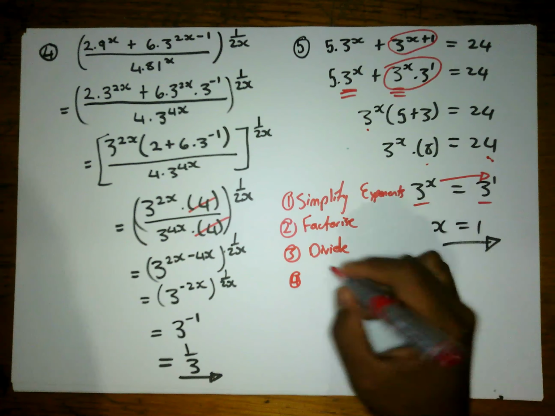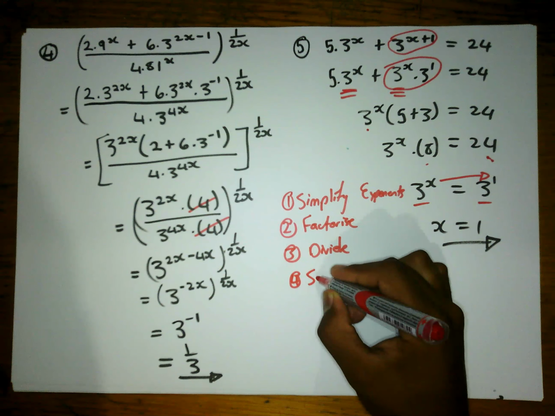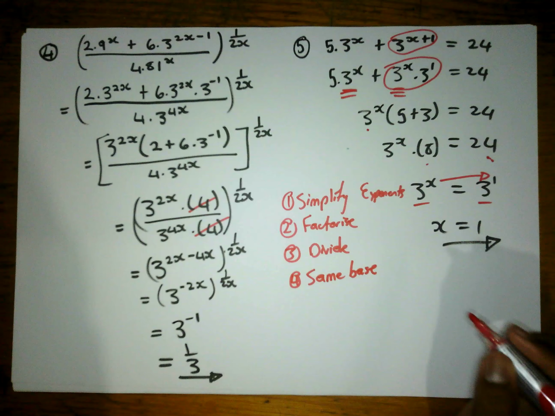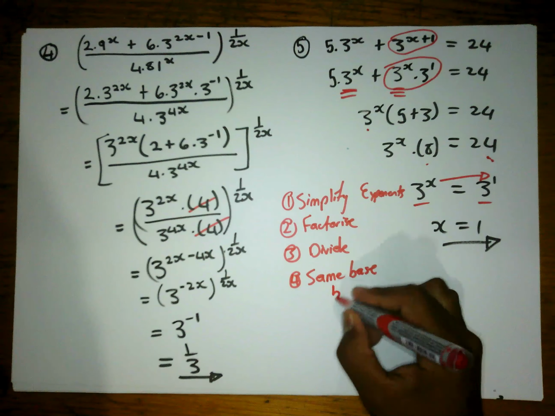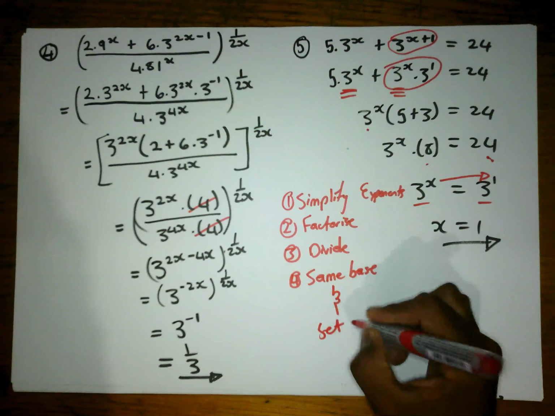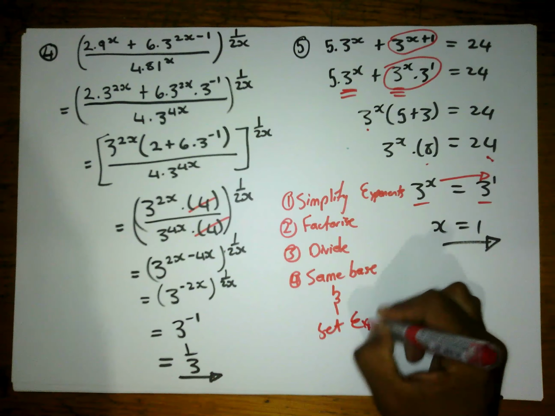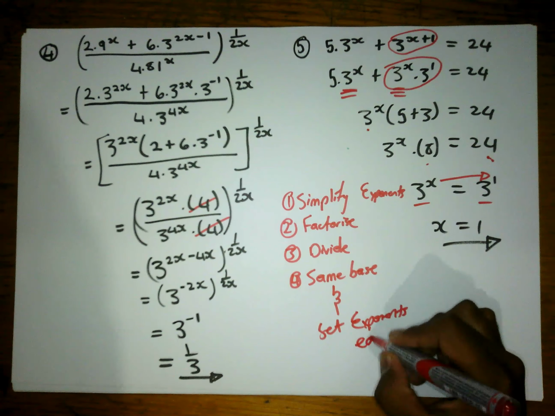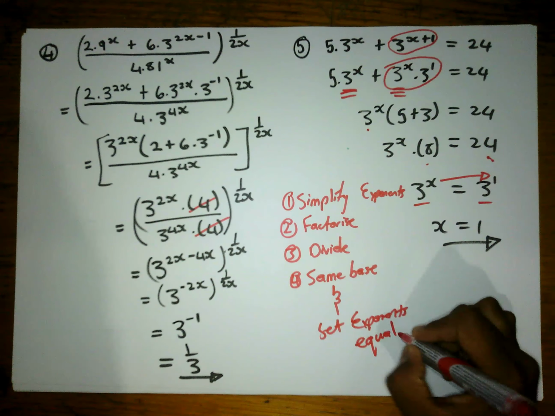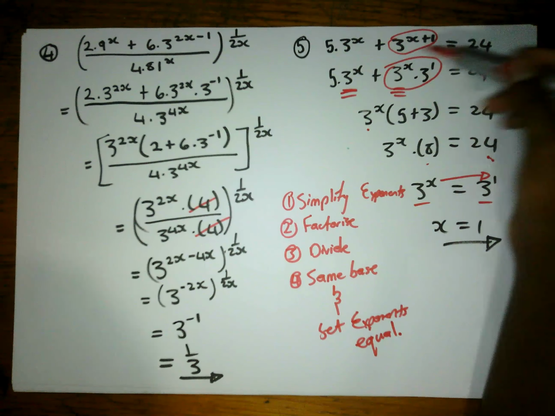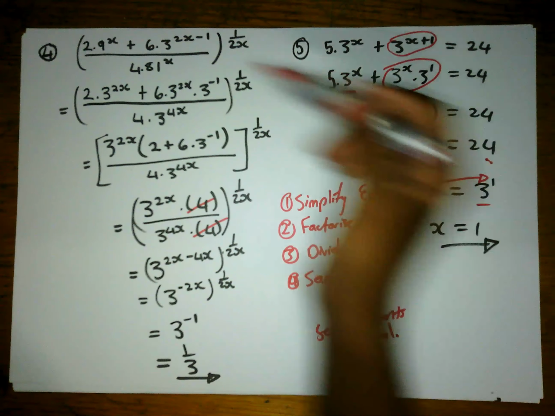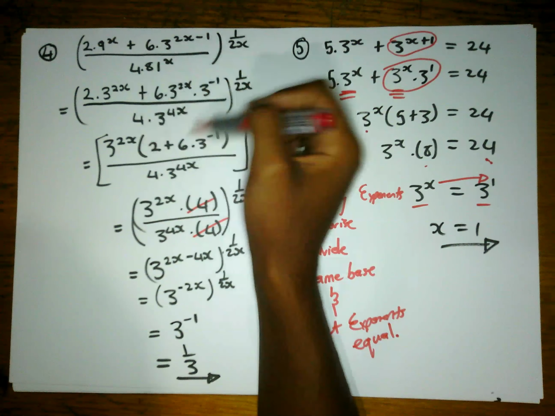Number 4 is same base. And set exponents equal. This is if you're going to get an equation like this, it will work. But this one over here, you apply the same way.